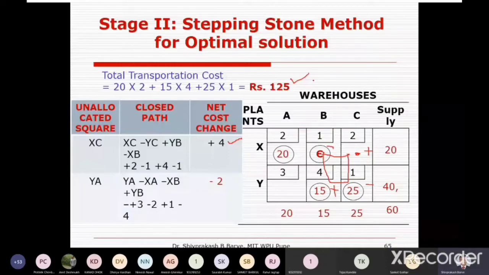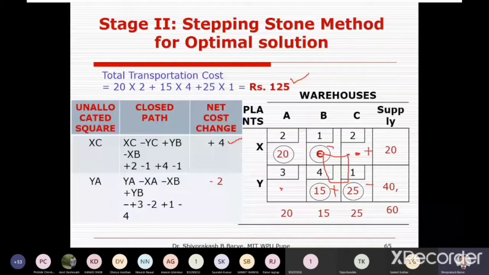Now check for the next one. At YA, I want to make a closed loop. Again, start with this YA, XA, XB and YB.